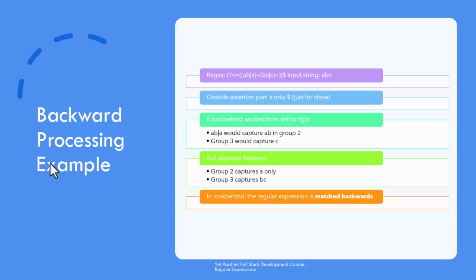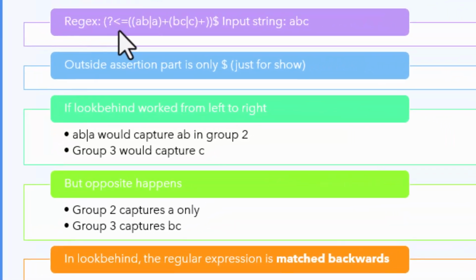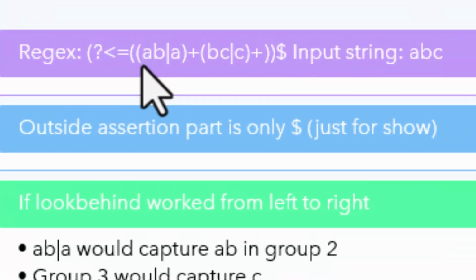I'll take a minute or two to explain this backward processing I talked about for the look behind assertions. I don't think that made sense without an example, so here we go. Consider this regex where we have a look behind assertion, as you can see with the backward arrow, and I have this sub pattern defined in here with two capturing groups created inside.